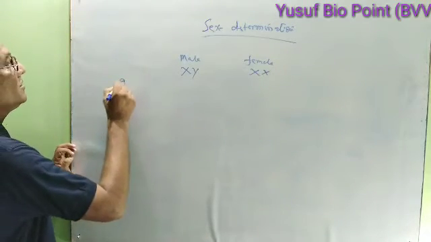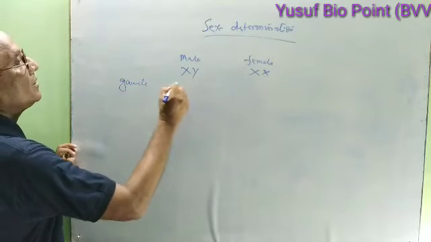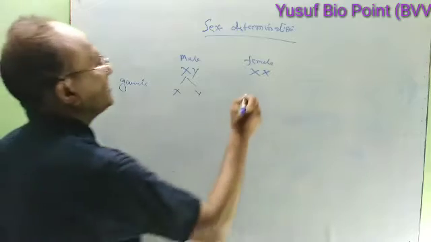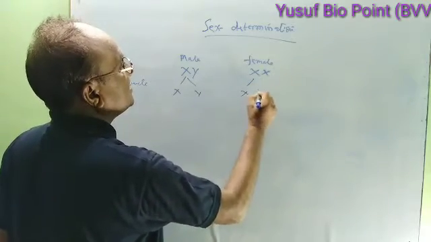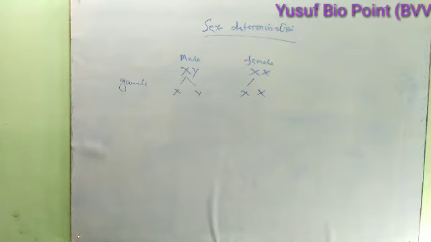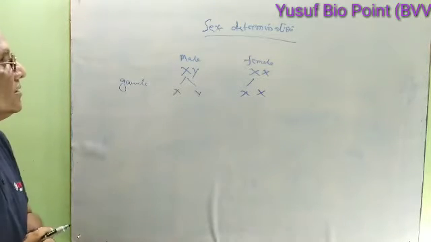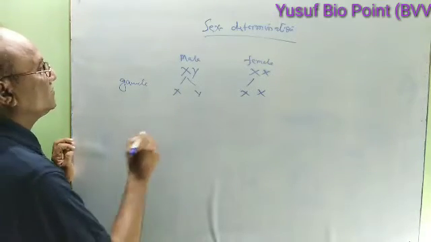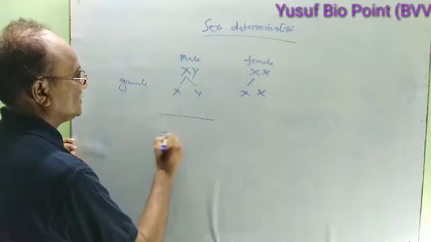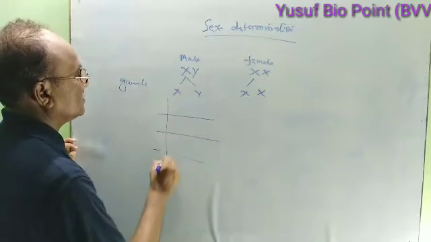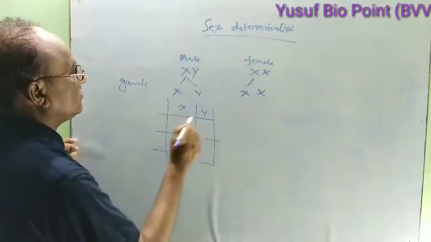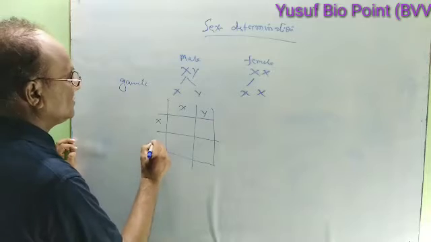The gametes of the male are X and Y, and here the gametes are X and X. Now cross each one by unit squares.